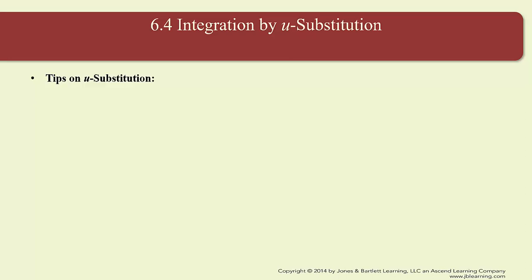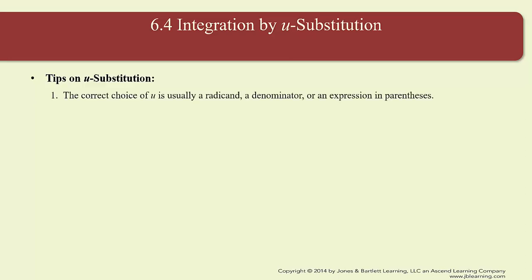As you've already heard and maybe surmised, generally speaking, the correct choice for u, what you're going to let u equal, is usually going to be a radicand. That's a fancy way of saying stuff that's under a radical sign. It could be what you see in the denominator, or in parentheses, or in the exponent position.